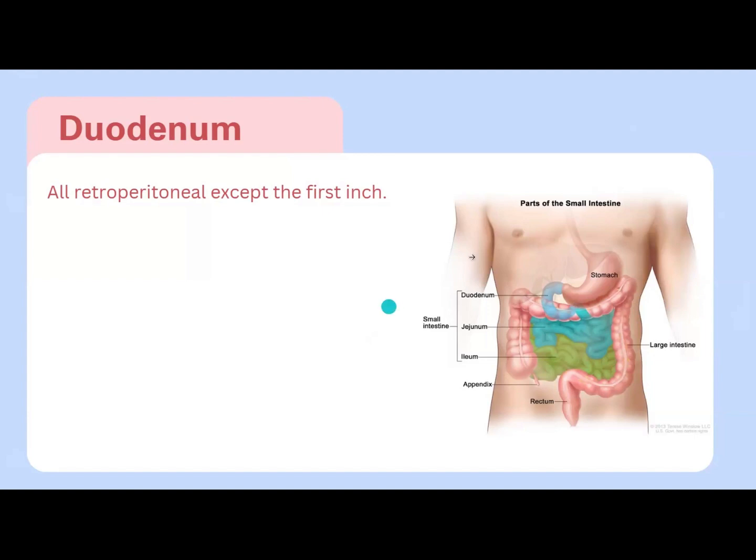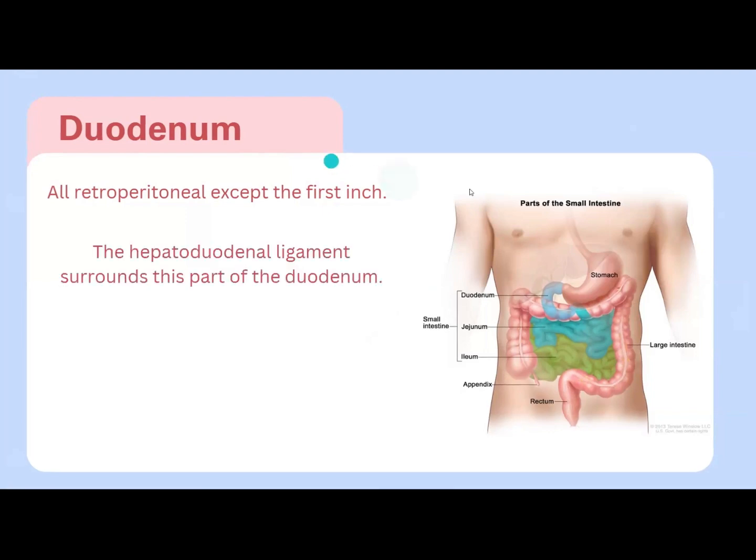Intraperitoneal. Why is it intraperitoneal? Because it's inside the hepatoduodenal ligament, which surrounds this part of the duodenum. The portal triad also runs inside the hepatoduodenal ligament. Do you know what the hepatic triad is?